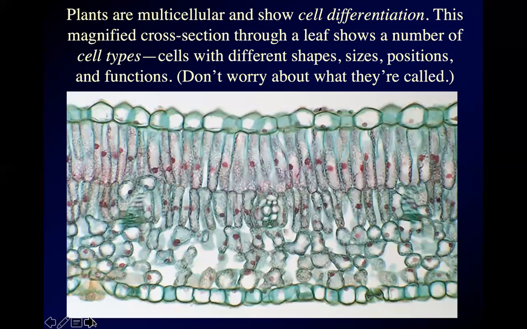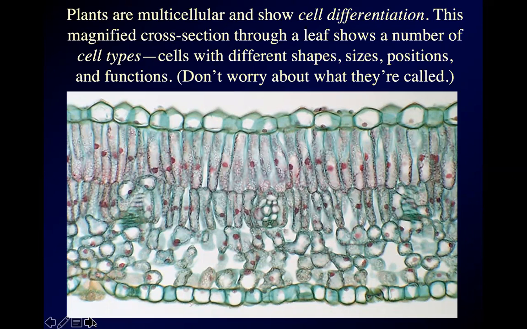You can see it well in the upper layers of cells. And I want you to see that the cells have different sizes and shapes and positions. So we have the outermost layers at the top and bottom. That's the surfaces that you would actually touch if you picked up a leaf. That's called epidermis.